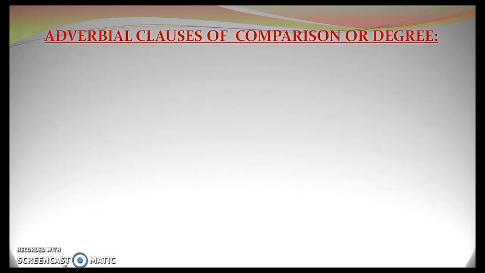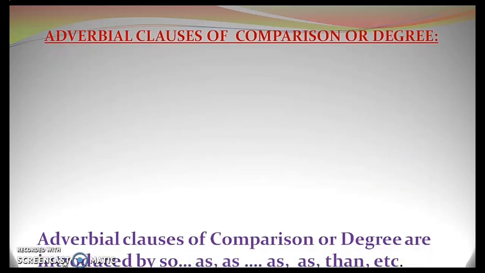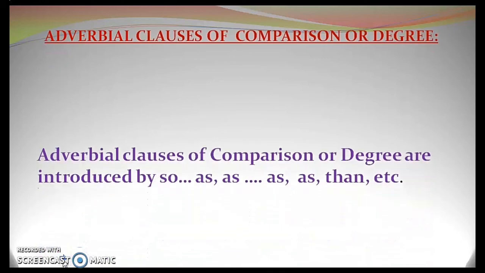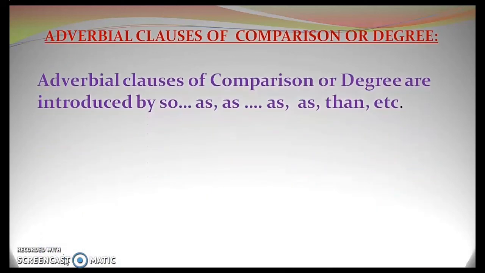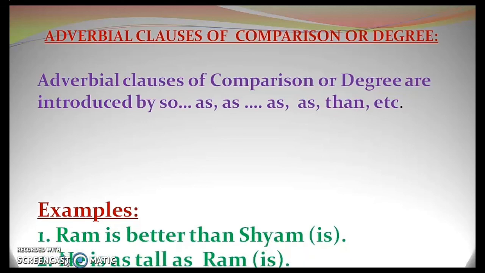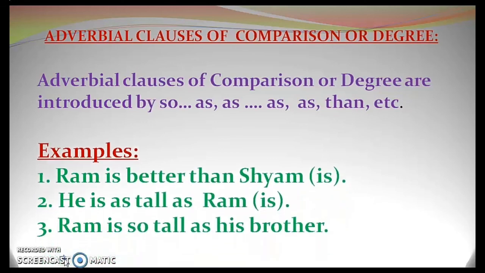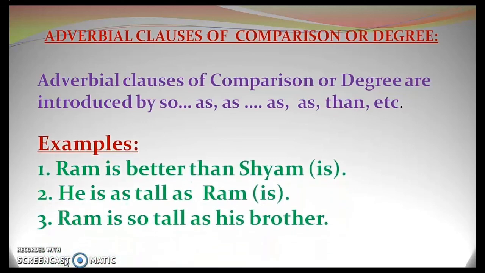Adverbial clause of comparison or degree. Adverbial clauses of comparison or degree are introduced by so as, than, etc. Examples: Ram is better than Sam. He is as tall as Ram. Ram is so tall as his brother.